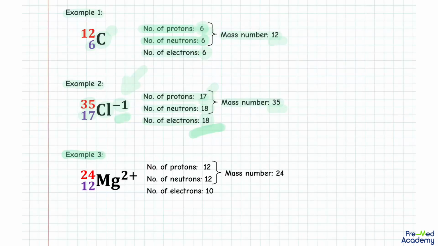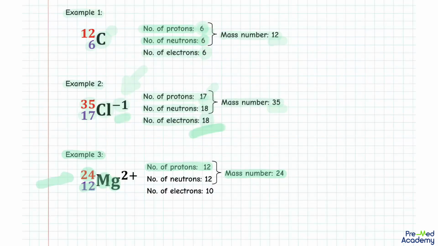We see a magnesium atom, a capital M and a lowercase g, with an atomic number of 12, meaning it has 12 protons. The mass number of this specific magnesium atom is 24. By the way, there may be other magnesium atoms in the universe, isotopes of magnesium, whose mass number is different.